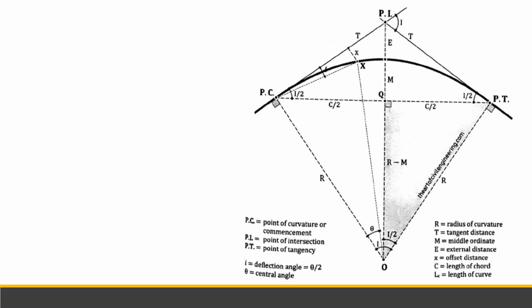So now for the derivation of the formulas ng mga variables. So we will start with the tangent distance. So this variable. So by considering triangle PI, PT, and O, so considering triangle na to, so we have 90 degrees here and angle I/2 dito.